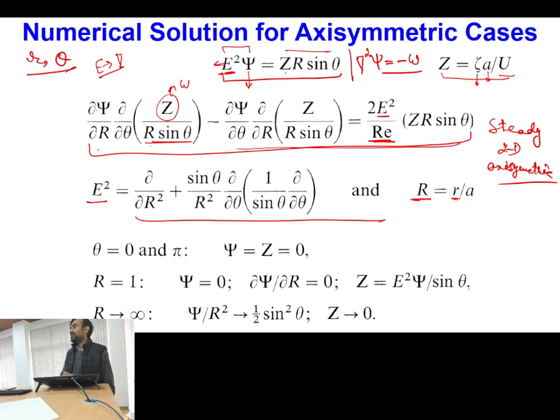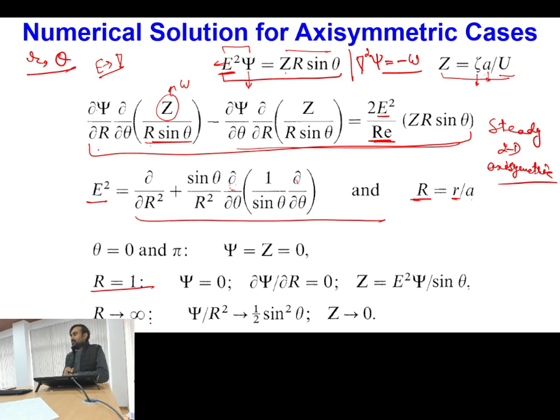Here also I have E squared, and in E squared I am already having del squared. And what is the order of this equation? Only second? First in R.